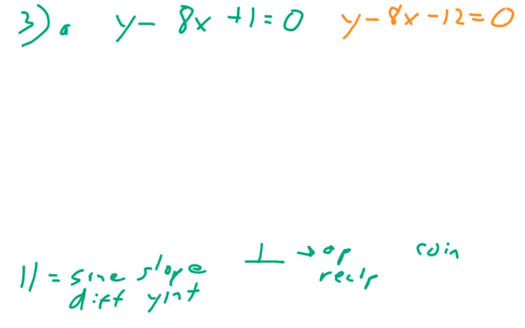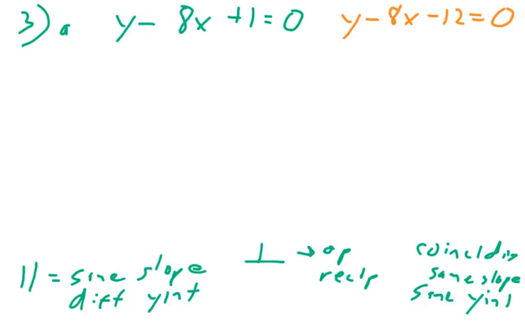Coinciding means same slope, same y-intercept. If you get any of these, then the answer is what I said: parallel, perpendicular, or coinciding. If it's not, then the answer is neither.